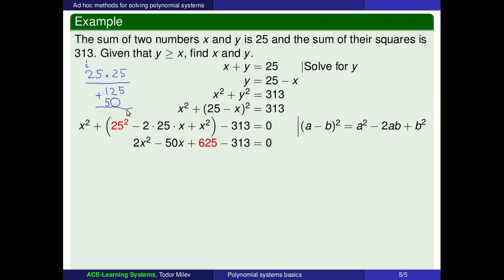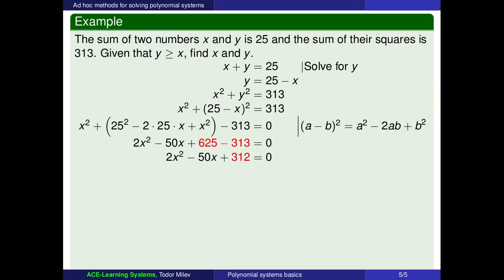Add the two together, 5, 2, 6, 625. So 25 squared is equal to 625. Next, 625 minus 330 equals 295.